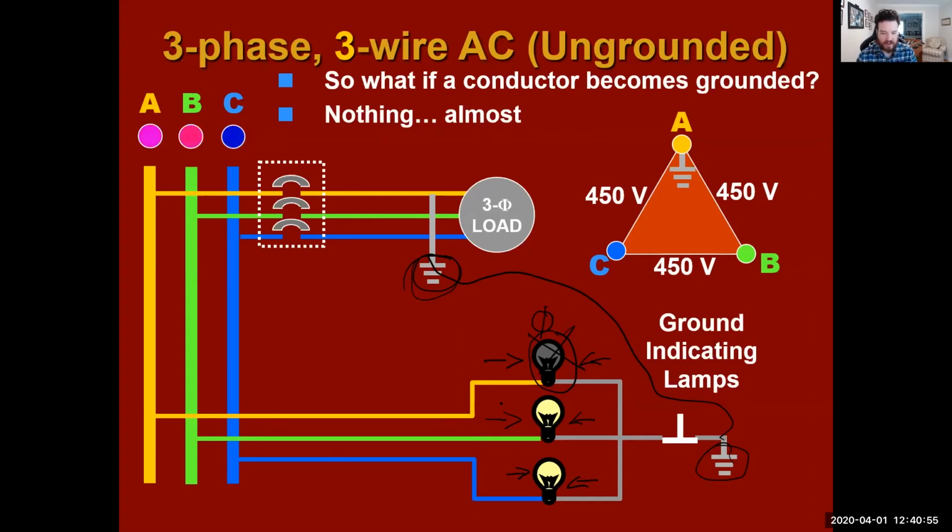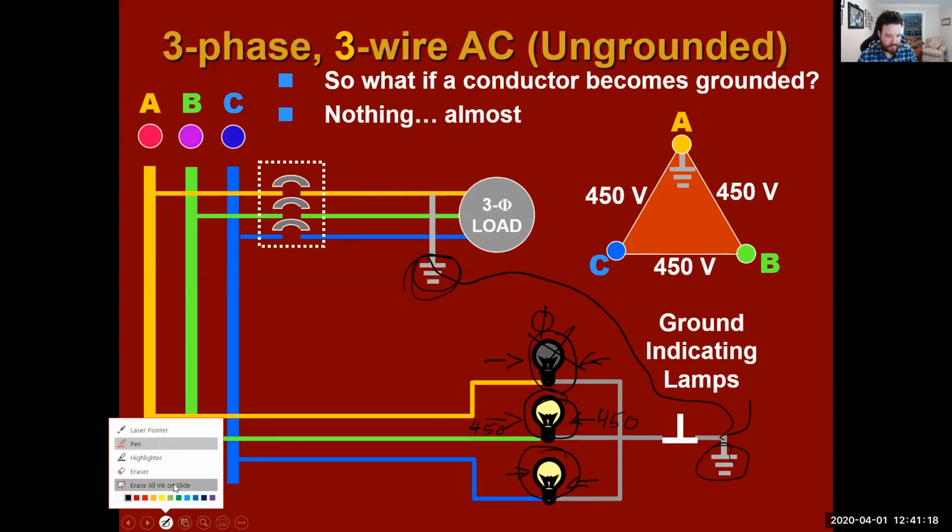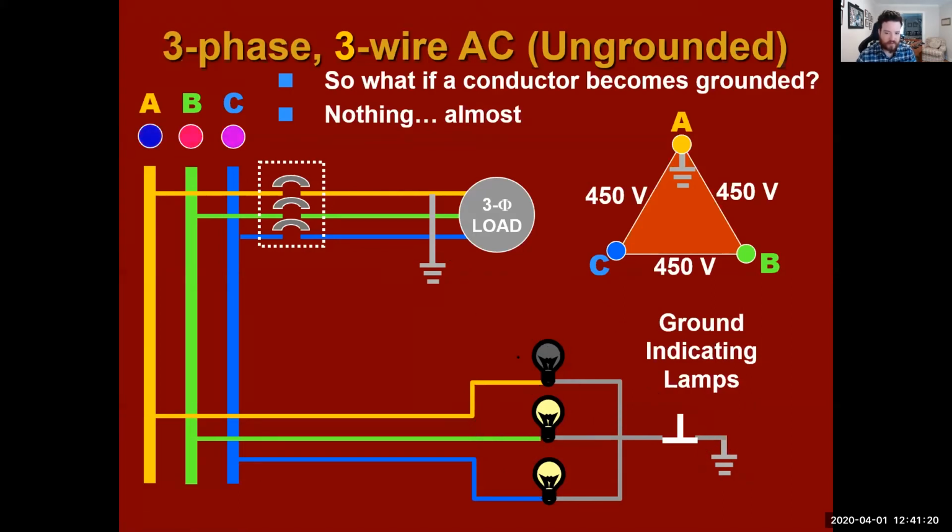Whereas these sides are out of phase of each other, and they're creating a bigger potential difference, so they're going to light brighter, because they're getting backfed with 450 volts on this side and 450 volts on this side. So that is physically why this light will detect the ground.